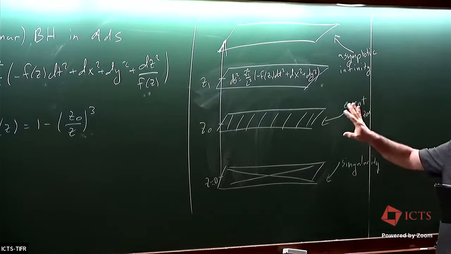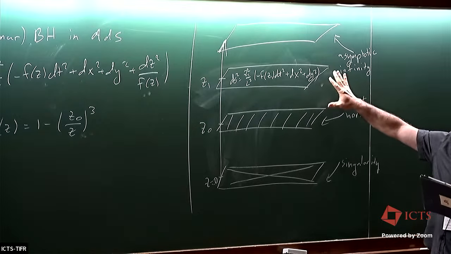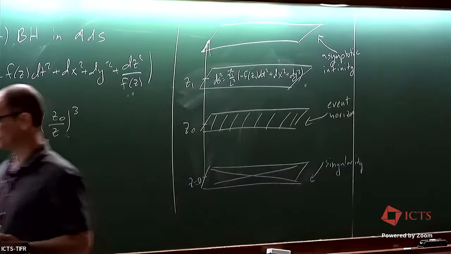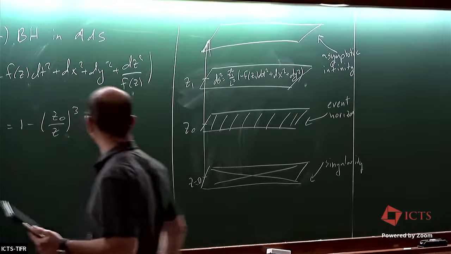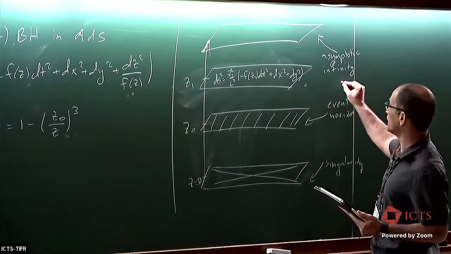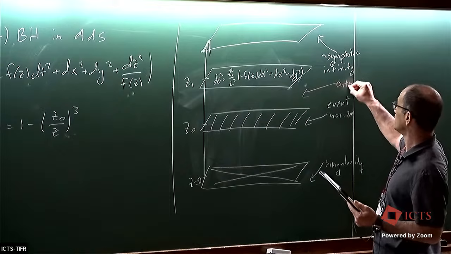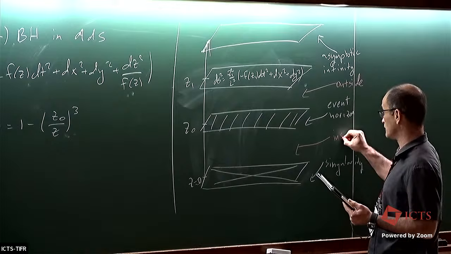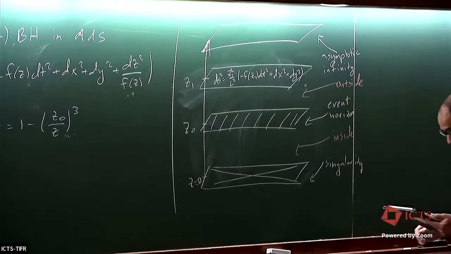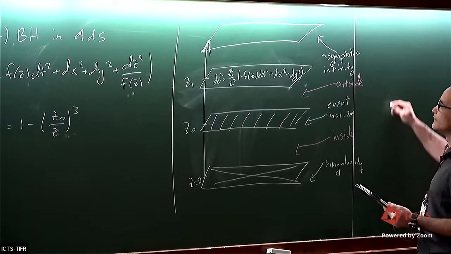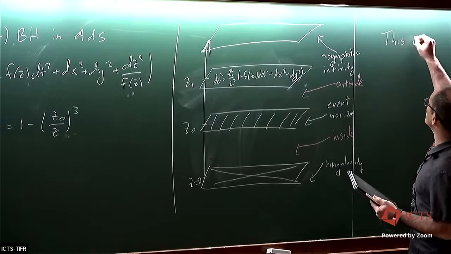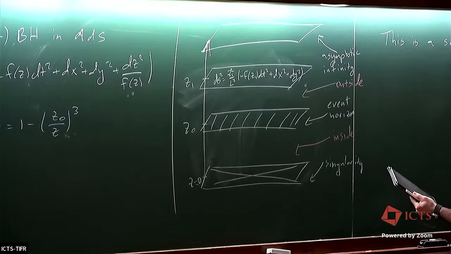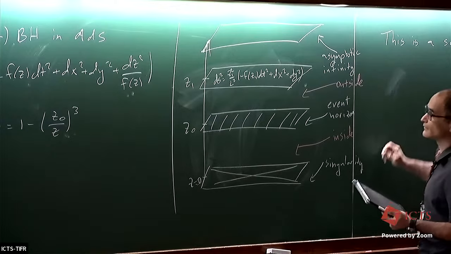This behaves very similar to the Schwarzschild black hole that you're probably familiar with. Everything between infinity and the horizon is outside, and everything between the horizon and the singularity is inside. And once you're inside, you can't get outside. Usual story. And this, again, is a solution to the same equation.